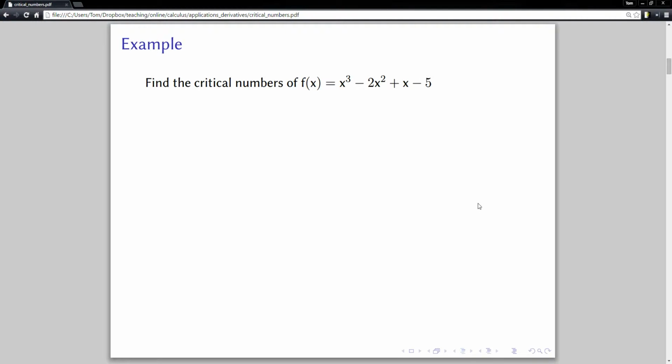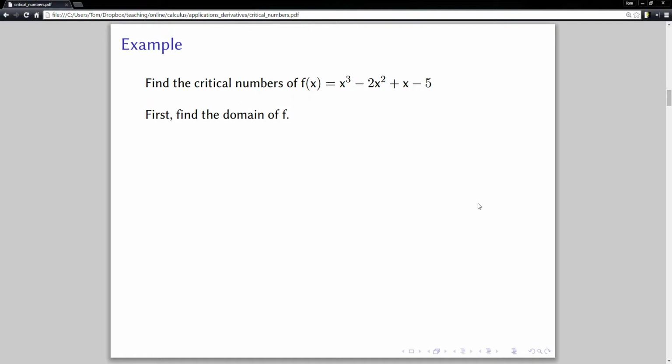We want to find the critical numbers of f of x equals x cubed minus 2x squared plus x minus 5. The very first thing that you need to know is the domain of f, because the critical numbers are numbers in the domain of f. If you don't know what the domain of f is, then it's hard to tell whether the numbers that you get are in there or not.